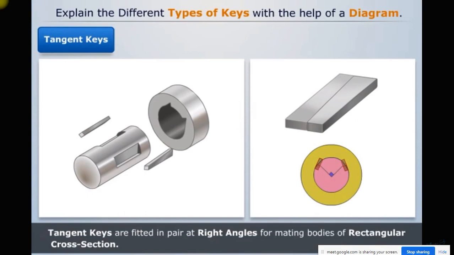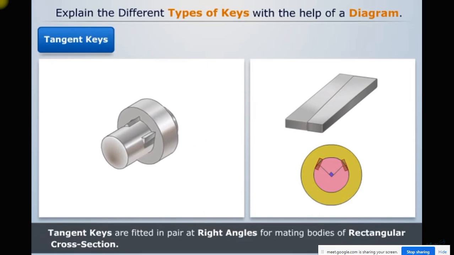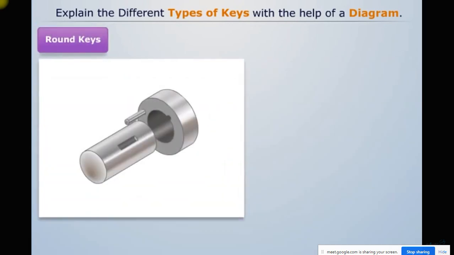Each key has one inclined side face whose inclination proportion, that is taper, ranges between 1:60 and 1:100. With its inclined surface turned towards each other, the keys are driven into inclined key slots and hub keyways. Each key withstands torque in one direction only.